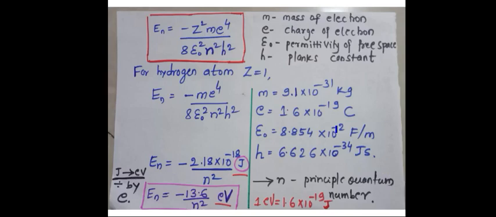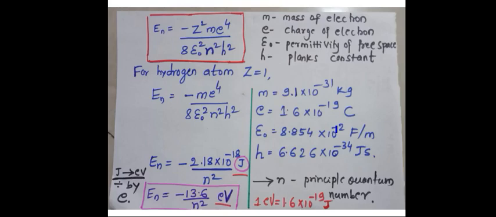Now from this equation, the energy of the electron in the nth stationary orbit is minus Z square m e raised to 4 by 8 epsilon naught square n square h square. We are going to express this in terms of electron volt, applied to the hydrogen atom. Here m is the mass of the electron, e the charge of the electron, epsilon naught the permittivity of free space, and h is Planck's constant.